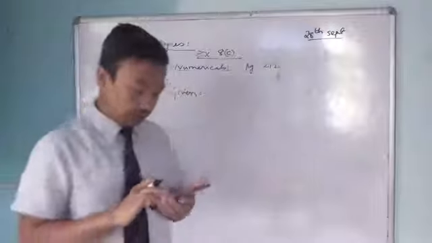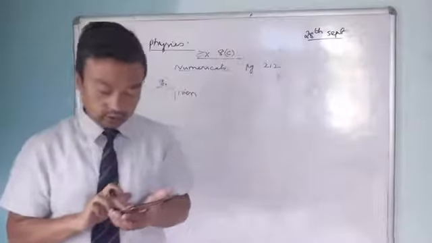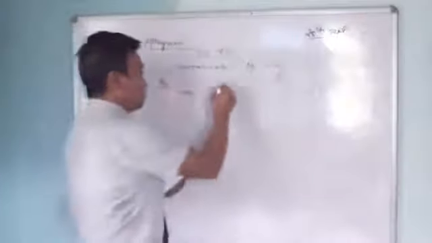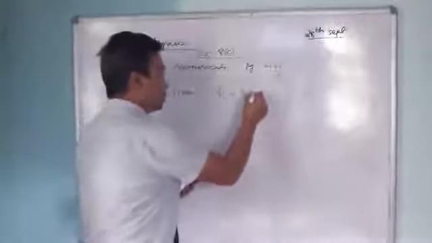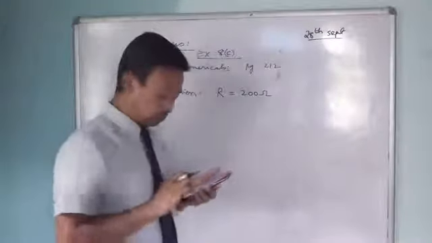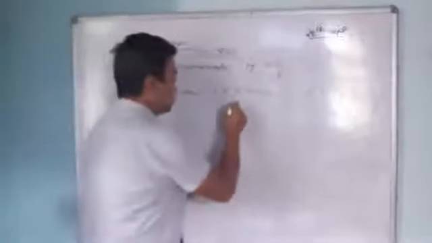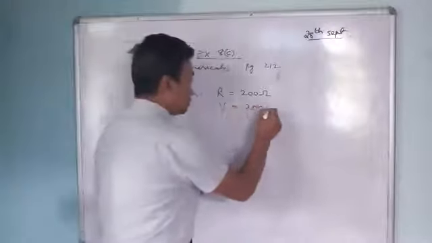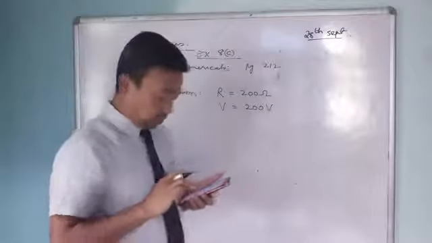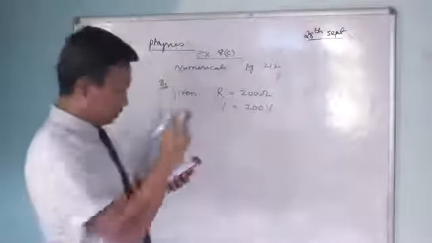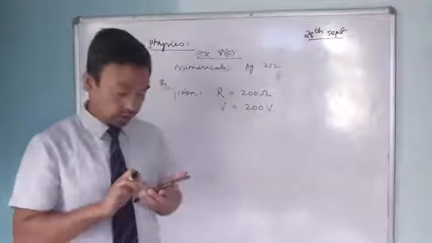An electrical appliance having a resistance of 200 ohm is operated at 200 volt. So the potential difference is, I think both the resistance and the voltage are the same. Yes.